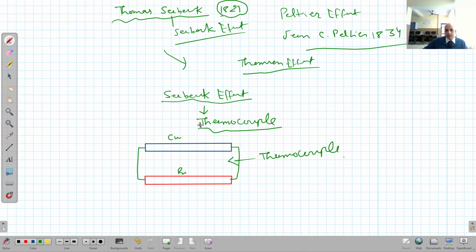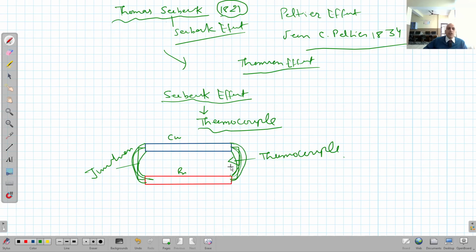Now the two ends where these have been joined, obviously I have joined here these two and here these two, are called junctions, right? Initially in this picture I have taken a wire to join these two ends, but in reality these two ends are joined with each other in this way. They are attached to each other.